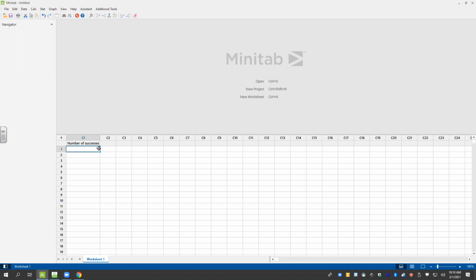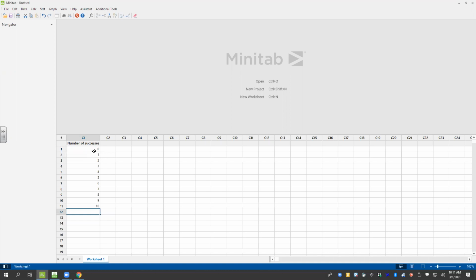So in column 1 in Minitab, I labeled it number of successes, and we could have 0, 1, 2, 3, 4, 5, 6, 7, 8, 9, or 10. Technically there are 11 things that could happen, because you have to include the possibility you got none correct.